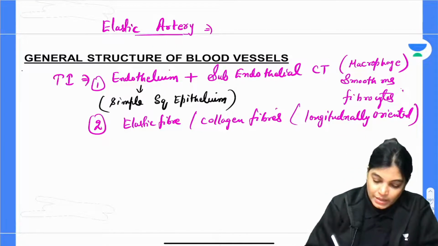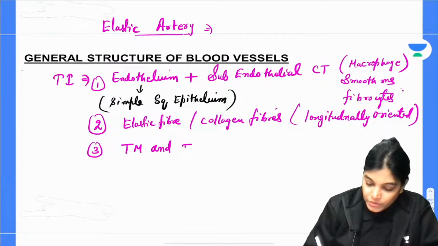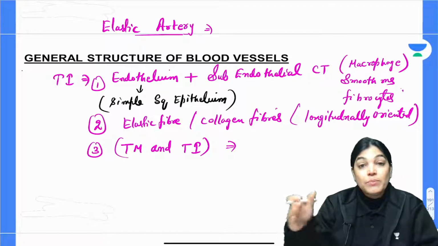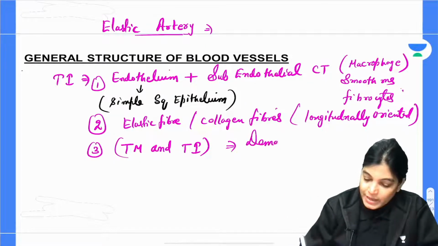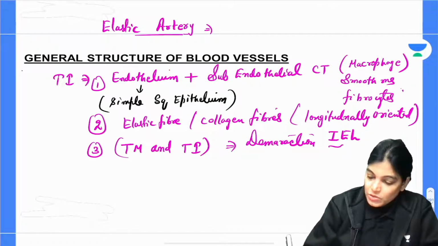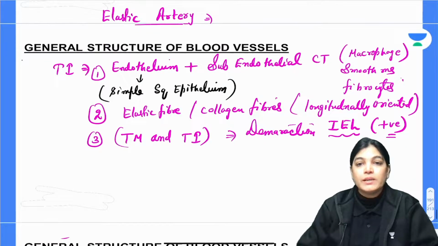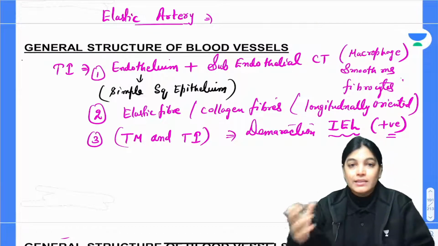Now the other very important thing is tunica media and tunica intima. These two layers are demarcated from each other by the IEL, the internal elastic lamina. It is present, but not clearly visible.